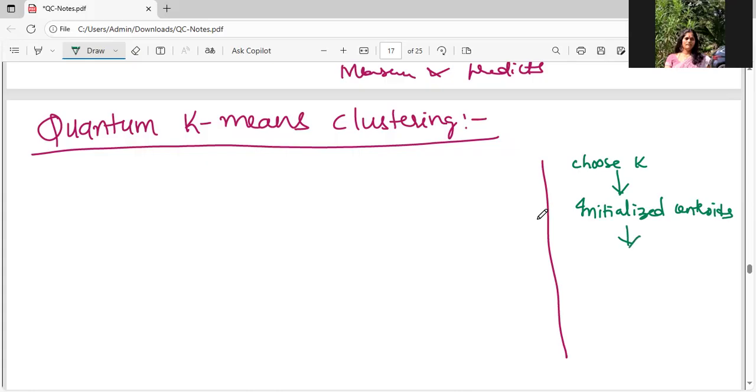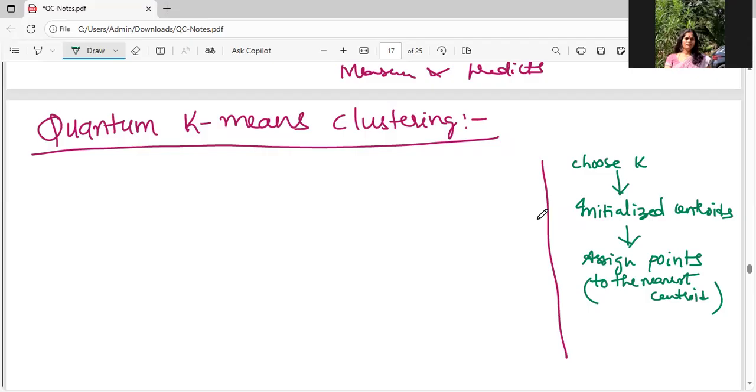Once we initialize the centroids, next we assign points, usually to the nearest centroid. The points nearest to each centroid are assigned to that centroid. Of course, nearest to farthest is calculated using Euclidean distance. Euclidean distance plays a major role.